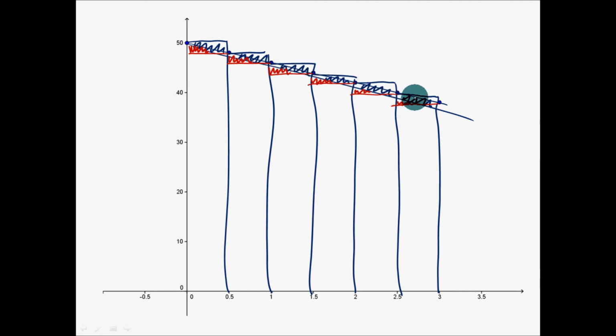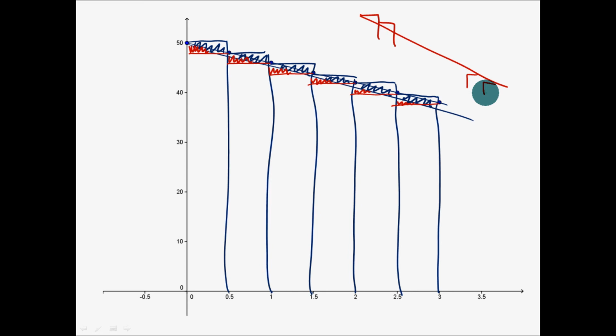Okay, and we could have known that because we knew we had a decreasing function, and since we had a decreasing function, we knew that the left sides were going to be above, where the right sides were going to be below.